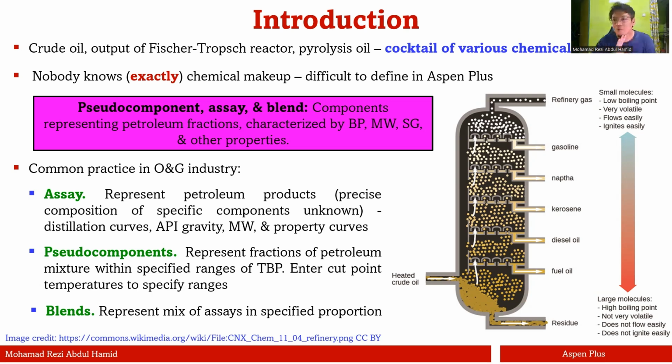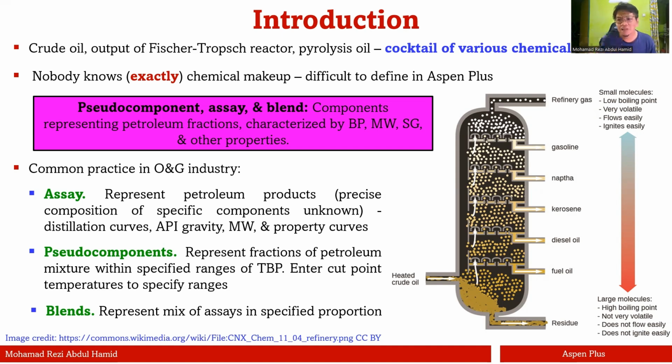Basically, this type of component class represents petroleum fractions, and they are characterized by their boiling point, molecular weight, specific gravities, and other properties as well, such as, for example, if you are interested in specifying sulfur content in your gasoline, or if you want to include the cetane number of your gasoline, or maybe you want to specify pour point, or you want to specify their viscosity, everything can be input in Aspen Plus.